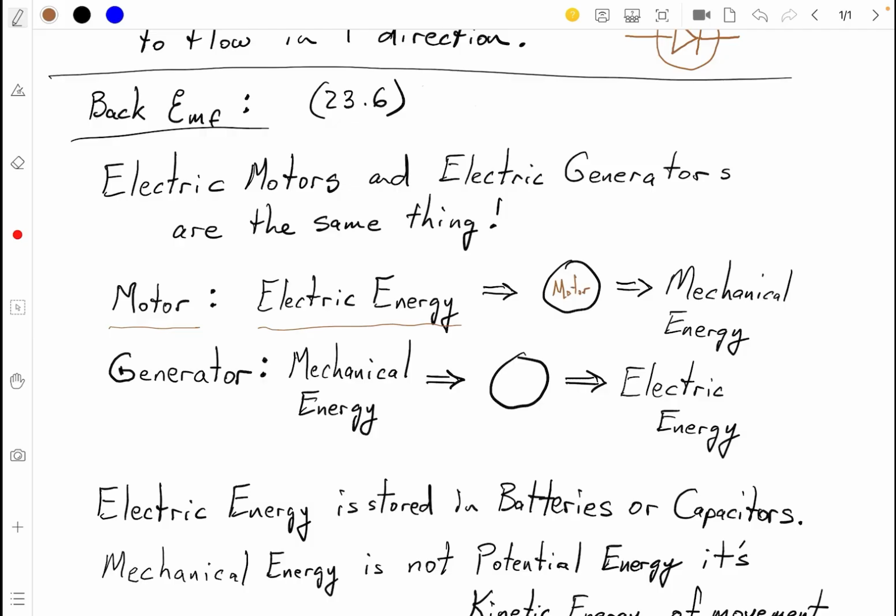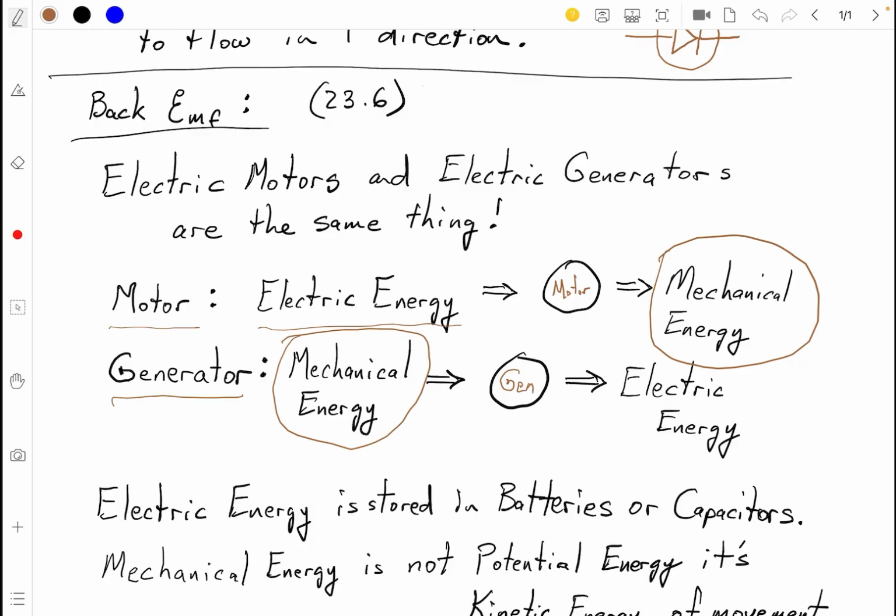And then it spits out mechanical energy. Well, a generator takes the mechanical energy, like the water wheel that's being spun, and takes that energy into the generator. I'm just going to put GEN here. And it spits out electrical energy.